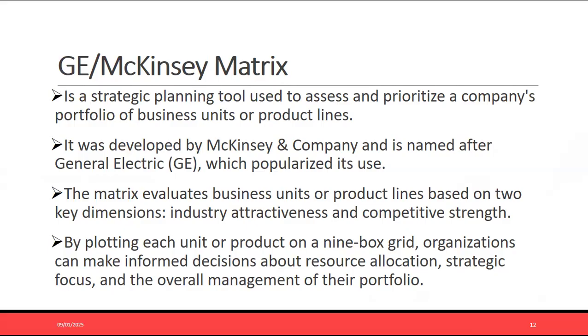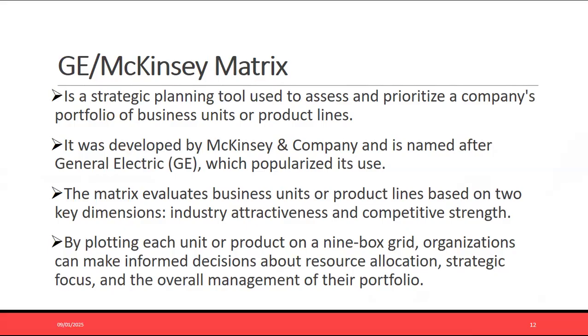So this matrix evaluates business units or product lines based on two key dimensions. You have the industry attractiveness and then the competitive strength. The BCG matrix that we looked at earlier focuses on the growth rate and the market share. This one looks at the industry attractiveness and the competitive strength.